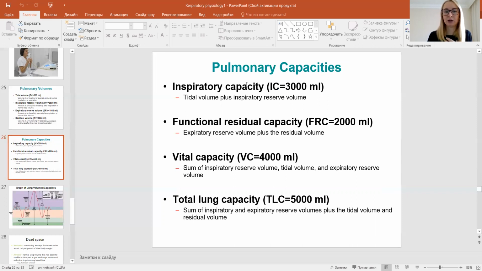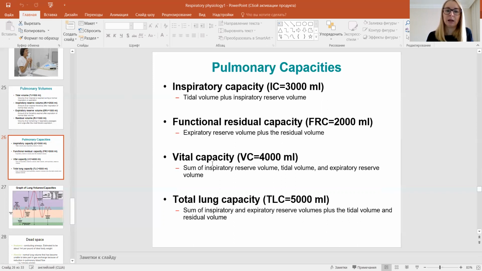For example, inspiratory capacity is the tidal volume plus inspiratory reserve volume, equal to 3,000 milliliters. Functional residual capacity is expiratory reserve volume plus residual volume.